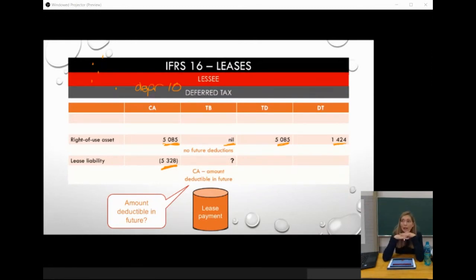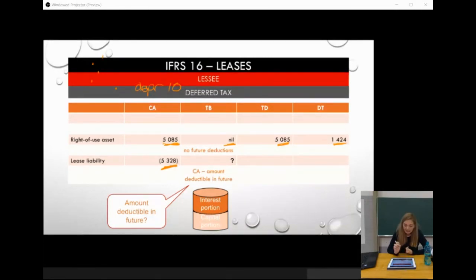However, if you think about how we account for that lease payment and the journals that we do, this is a normal amortized cost liability. I'll credit bank with my lease payment, debit my lease liability, debit my interest expense. So that lease payment will always consist of an interest portion and a capital portion.